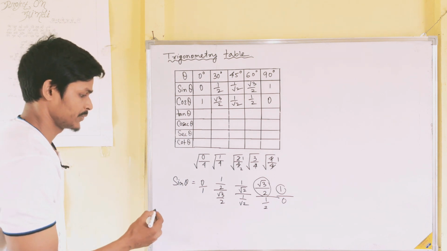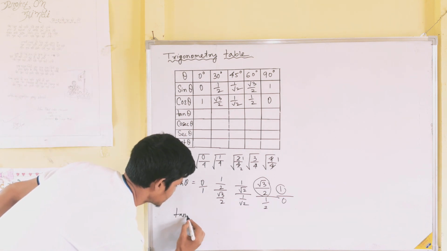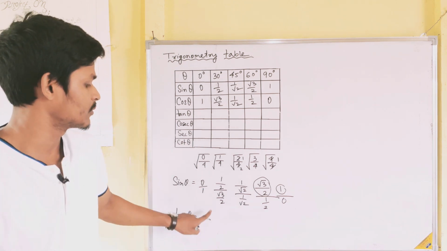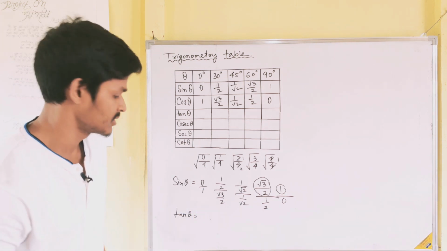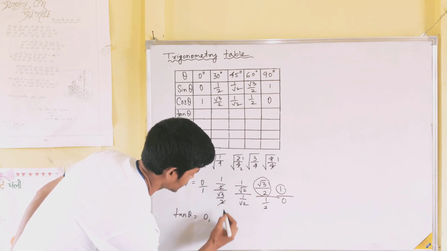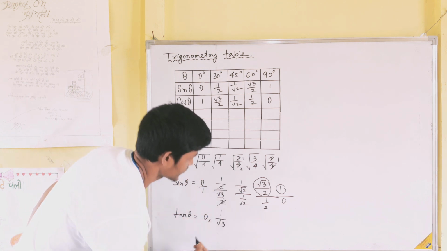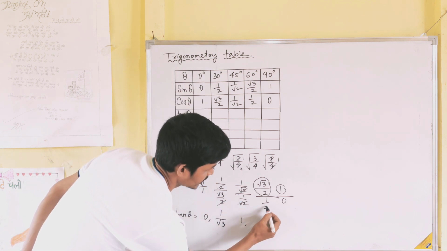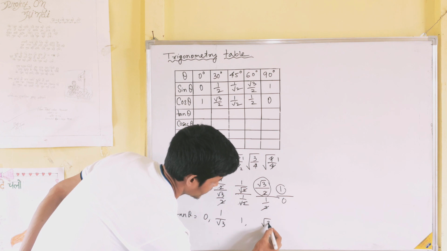So from this you get the values of tan theta. First, 0 by 1 is 0. Then root 2 cancels, giving 1 by root 3. Then root 2 cancels, 1 by 1 is 1. Then 2 cancels, giving root 3.